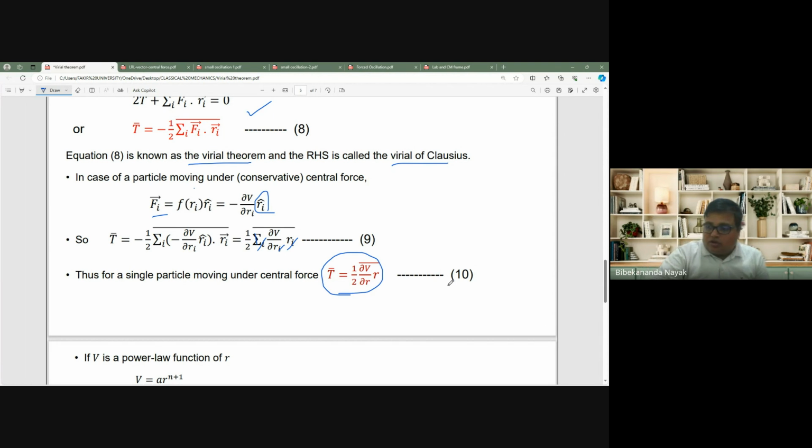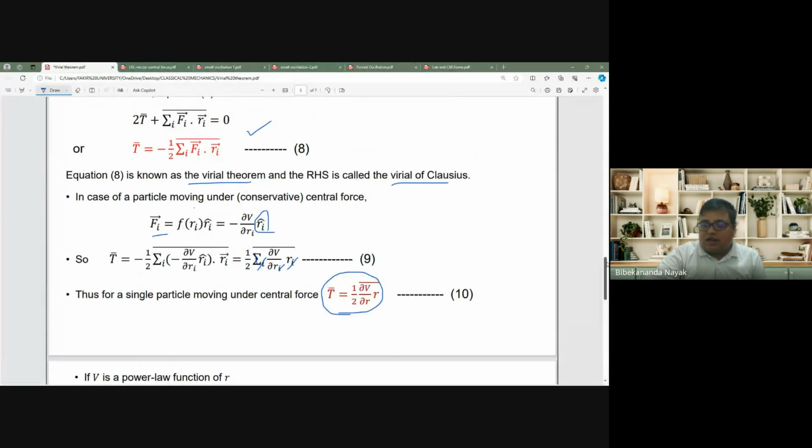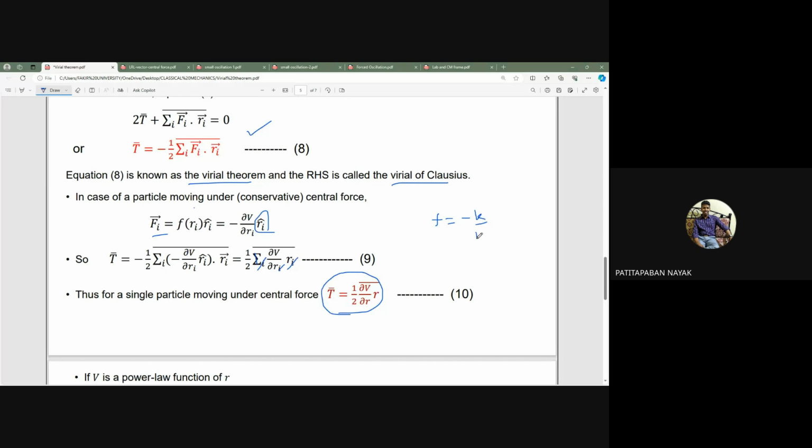Now tell me what we get for central force motion in an inverse law of force, for Kepler's problem. For Kepler's problem, our F is equal to the inverse square law of force, minus K by R square. So what is V?